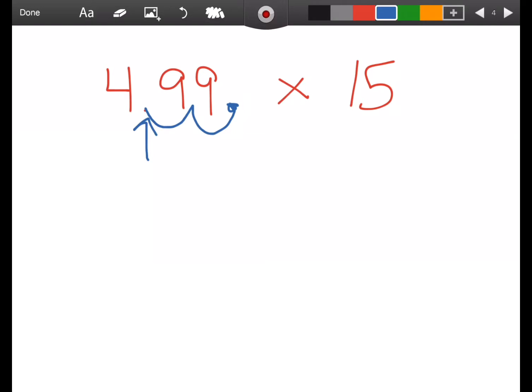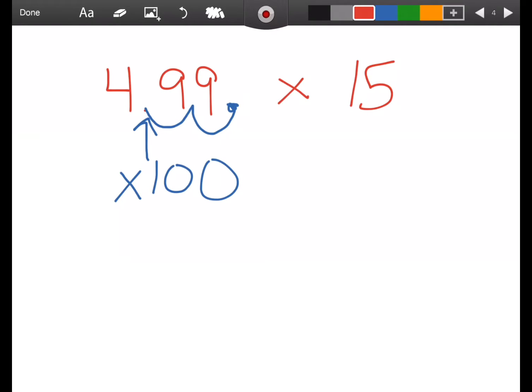Now the reason I like to do that is because if you've moved it over twice, we now have a whole number. But we have to think about what we actually did to that number. If we moved the decimal over twice, what we actually did was multiply that number by 100. Now you may think to yourself, why would I want to change the problem by multiplying by 100?